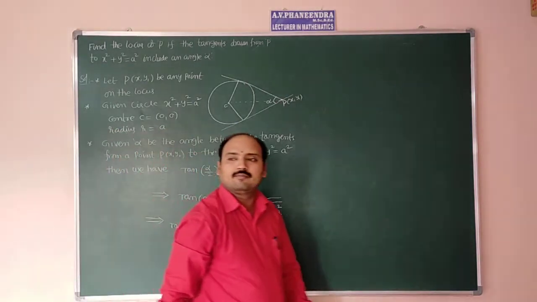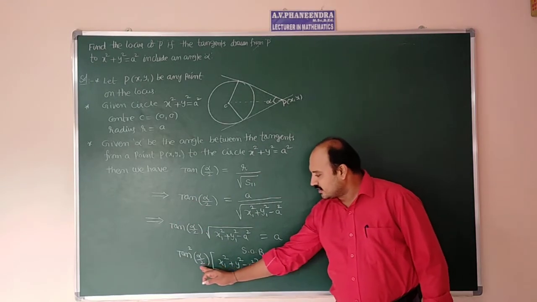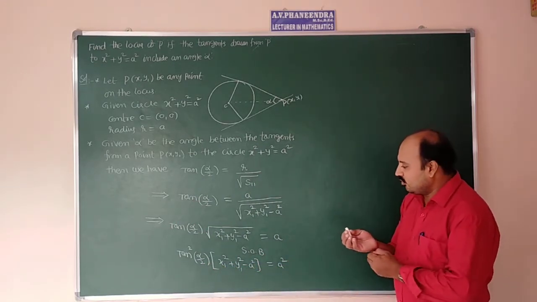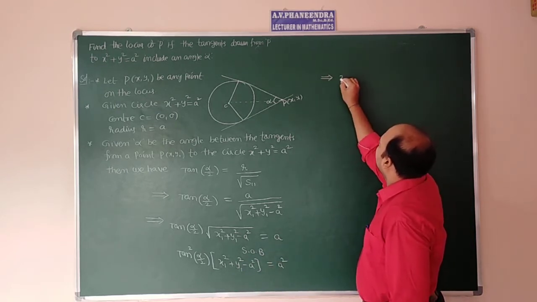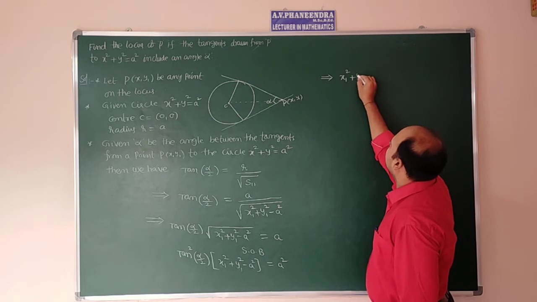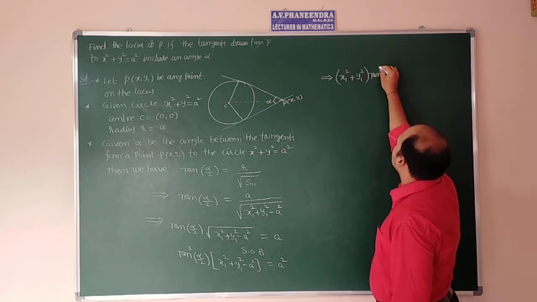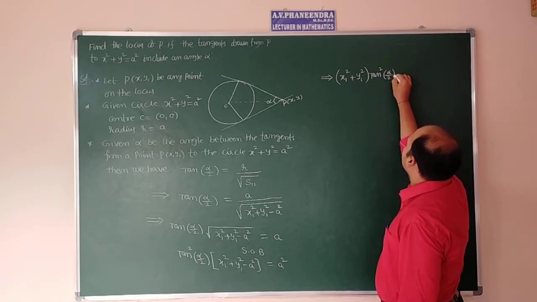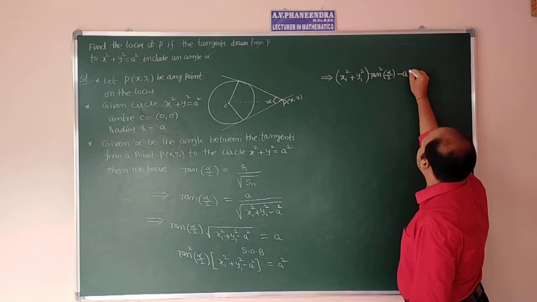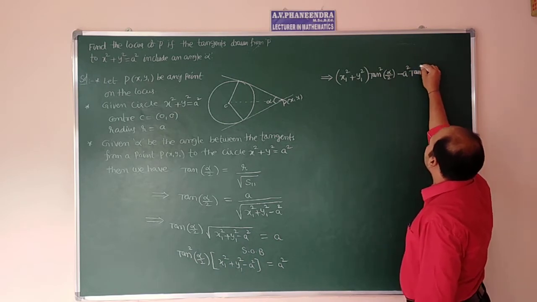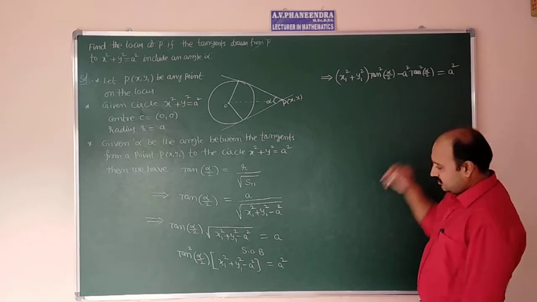After that, multiplying each and every term by tan square alpha by 2 with this bracket value, it becomes x1 square plus y1 square into tan square alpha by 2 minus a square into tan square alpha by 2 is equal to a square.